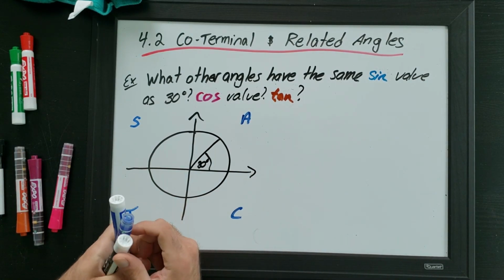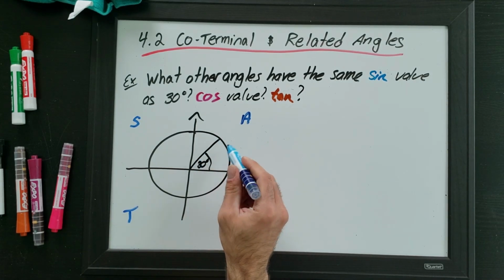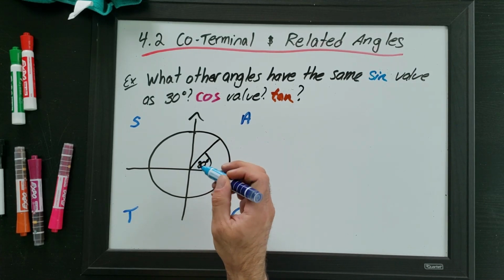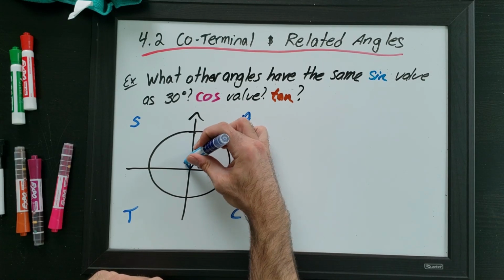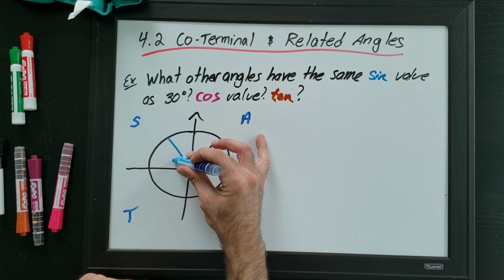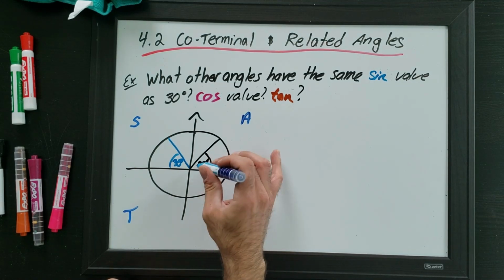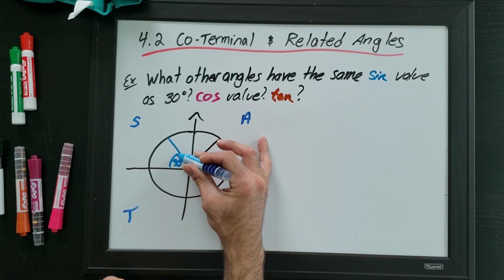So let's talk about sine. Sine of 30 degrees has a particular sine ratio. I don't really care about the sine ratio, I know the angle's 30. Sine also has a positive ratio here when this is 30. So this angle from starting position is actually 180 minus 30.